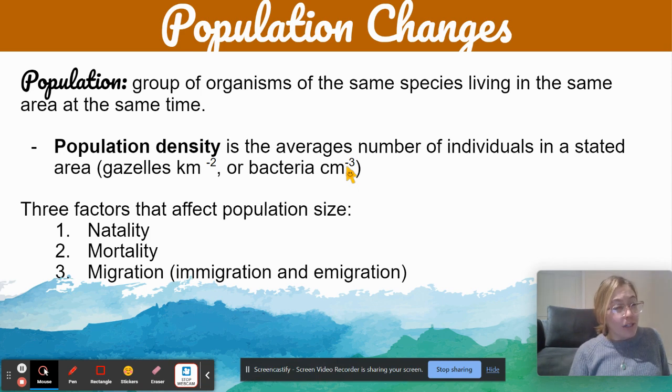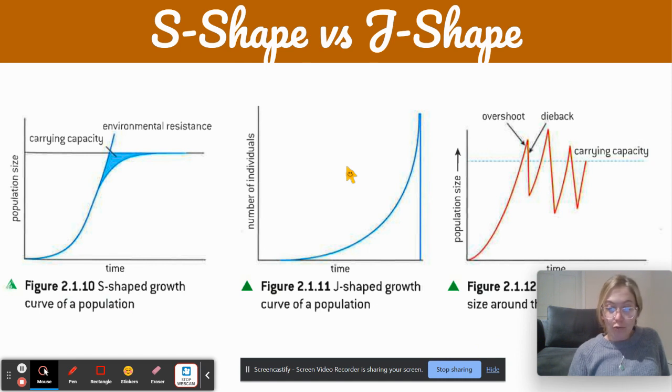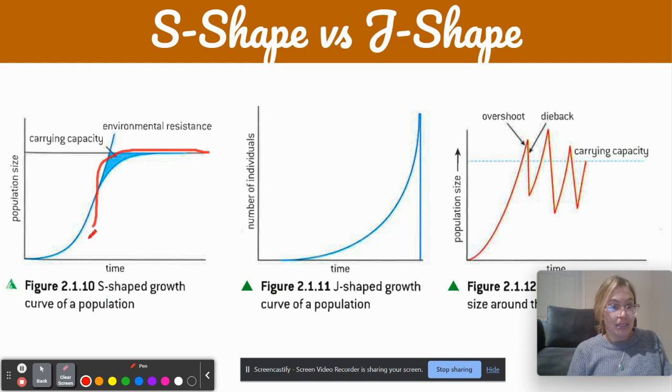And then hopefully you've seen these types of graphs before. These are S and J shaped curves or graphs, and these are pretty great names for them, because this is an S shape right here, an S curve, and you can see that lovely S shape. It's a little dramatic. And then J shaped, look at that.